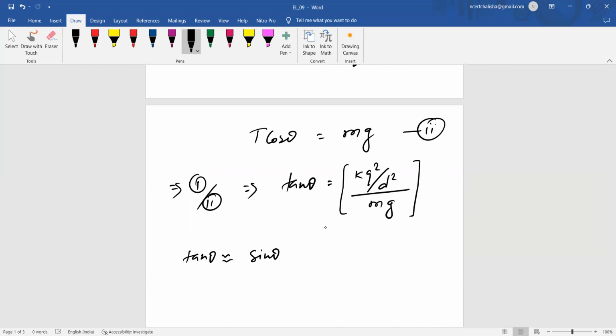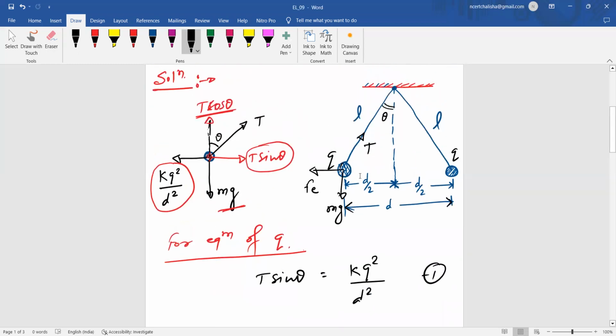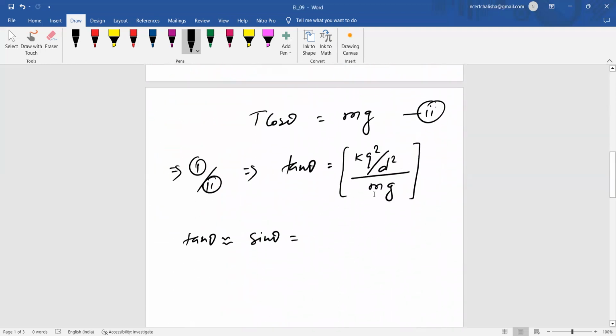Then we can write the sin theta value from the diagram we have. Sin theta is perpendicular over hypotenuse, so d by 2 divided by L.